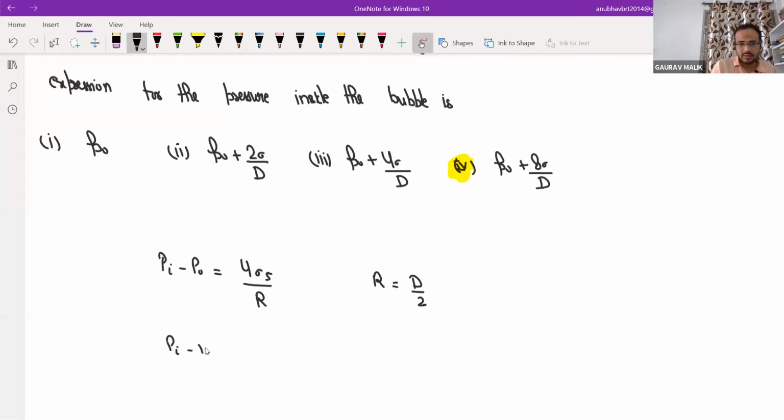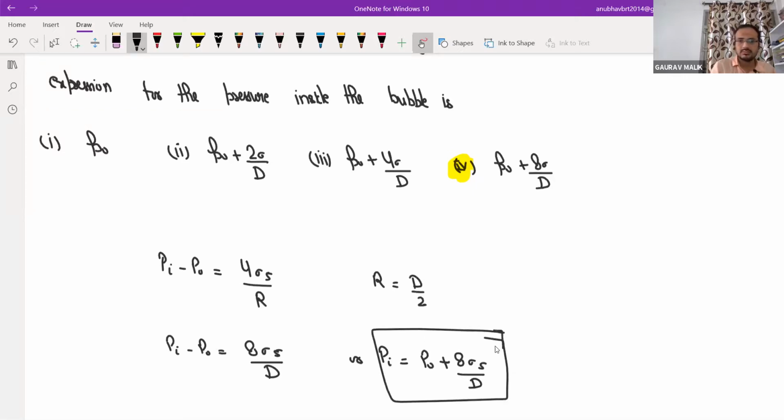So Pi minus P naught is equal to 8 sigma by D, or Pi is equal to P naught plus 8 sigma by D. Is it clear?